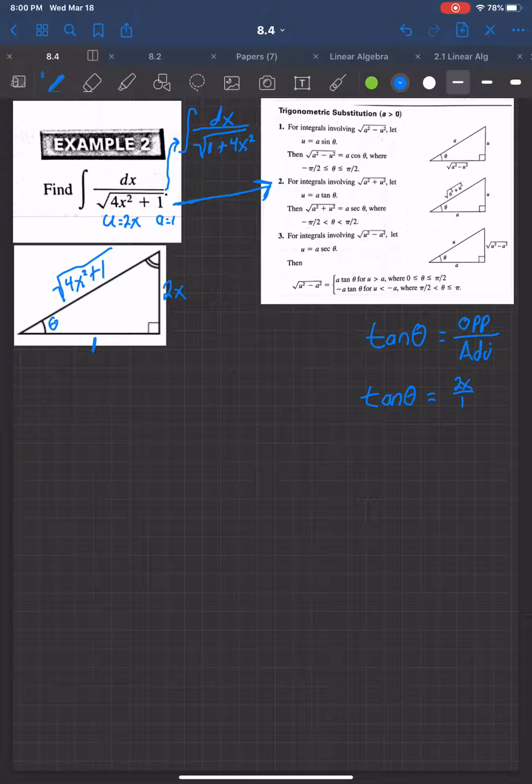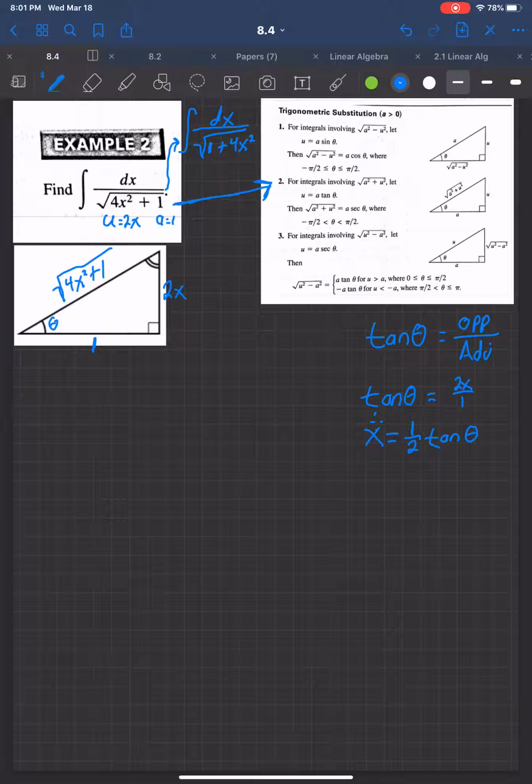All right, so 2x over 1. And now what you're going to do is solve for x. Dividing both sides by 2, we get x is equal to 1/2 tangent of theta.